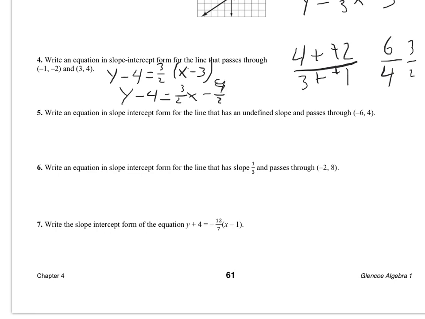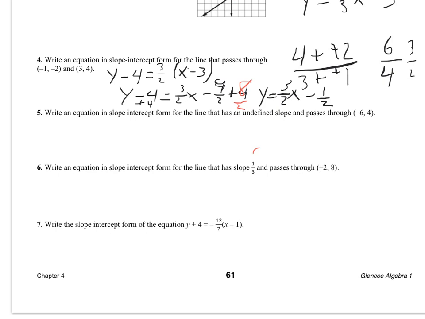Add 4 over to here. So y is equal to 3 halves x, and let's see, 4 is bigger than 9 halves, excuse me. If I wanted to change that to a common denominator, it would be a 2, which would make that an 8, right? Oh, it is bigger. So that's still going to be a minus 1/2.